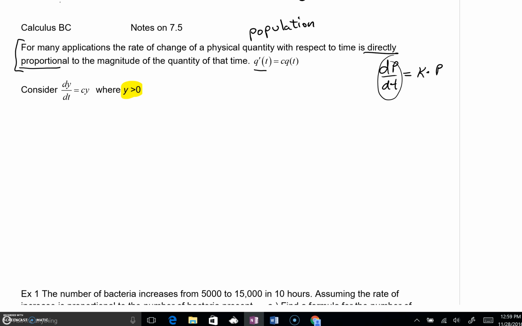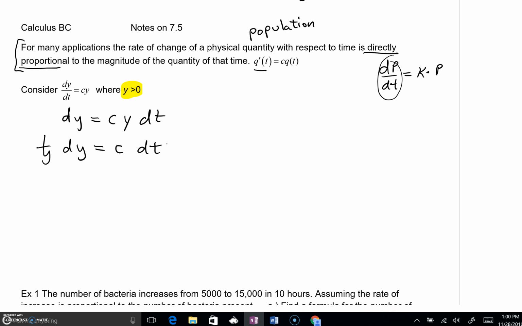That's something that the College Board talks about a lot, and you need to be aware of that phrase, separating the variables. You might think, what on earth does that mean? It means I could multiply both sides by a dt, and I want to get anything with a y off with a dy. I'm going to multiply both sides by 1 over y, or similarly divide both sides by y.